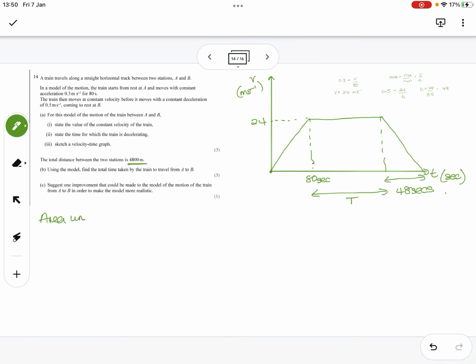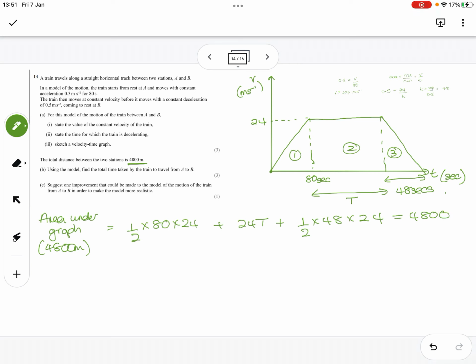So area under graph, also known as 4800 meters, will equal the area of the first triangle. I'm going to do it in three separate parts. So we've got half base, which is 80, times height, which is 24, plus 24 capital T, plus a half times 48 times 24.